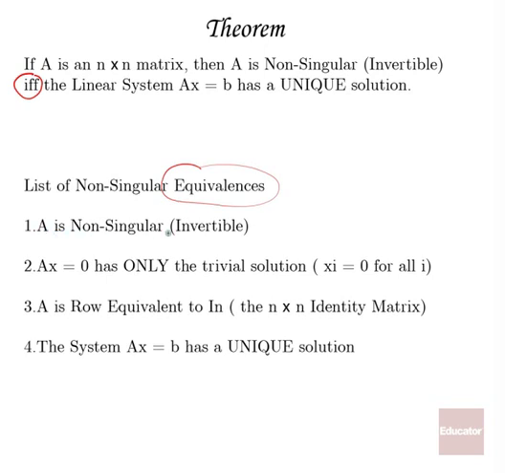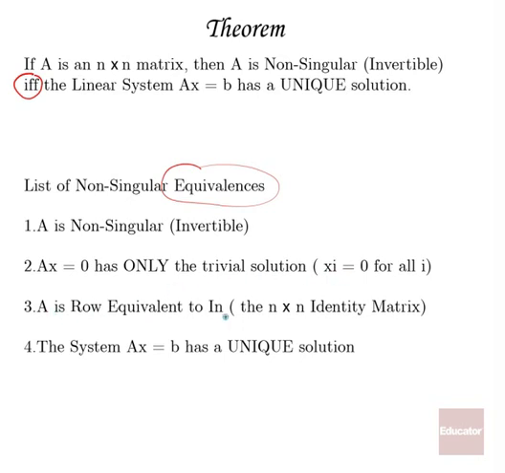If I know that A is non-singular, I also know that AX equals 0, the homogeneous system, has only the trivial solution. Because our theorem said that if it's singular, meaning non-invertible, then it has a non-trivial solution. But here we're saying that A is non-singular, it's invertible. That means the homogeneous system only has the trivial solution, meaning all of the x's are equal to 0.